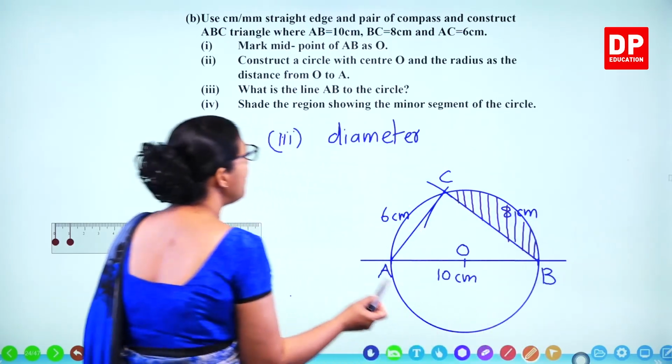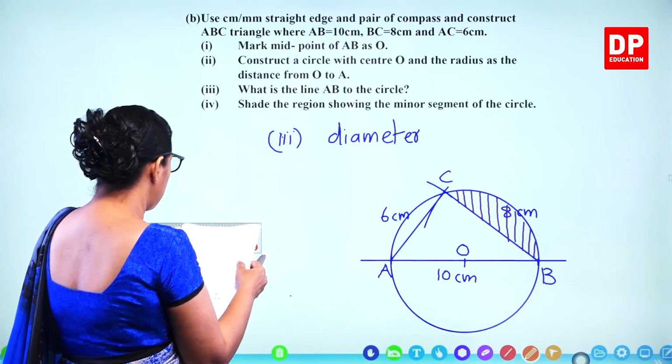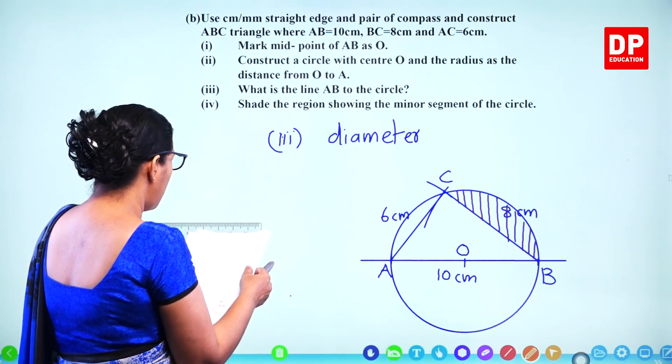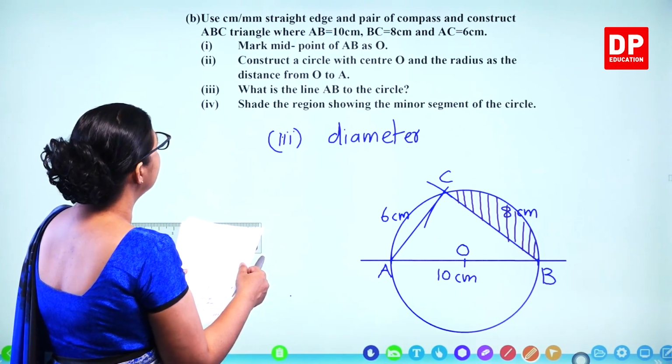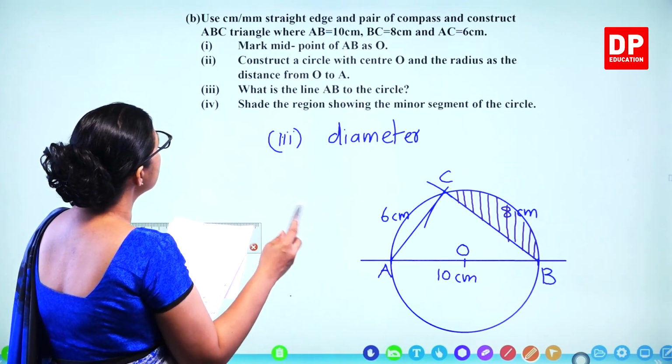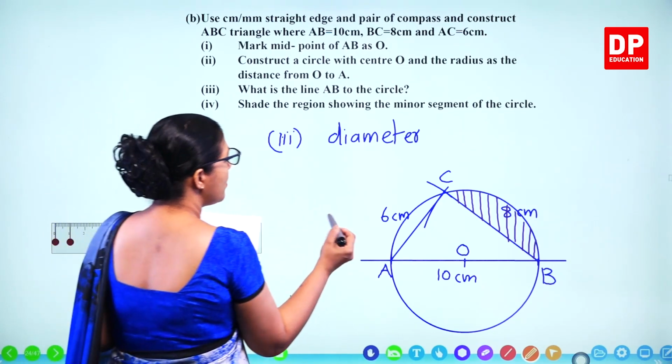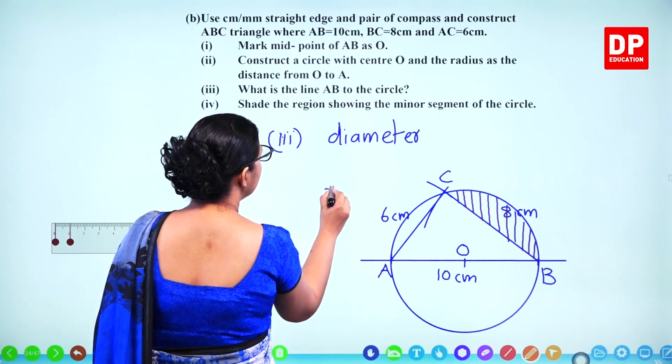So let's see how many marks for that part. Constructing the triangle, you get 3 marks.